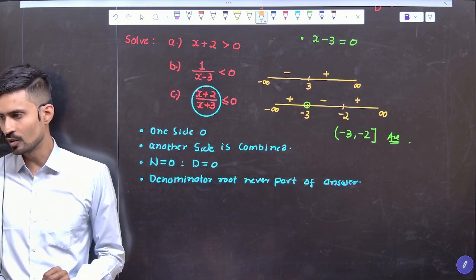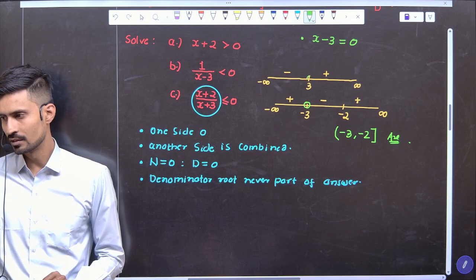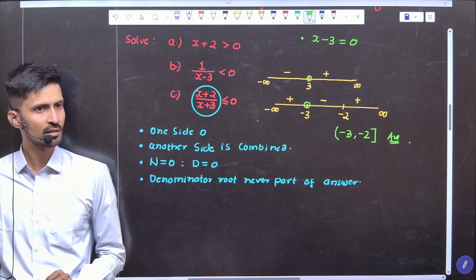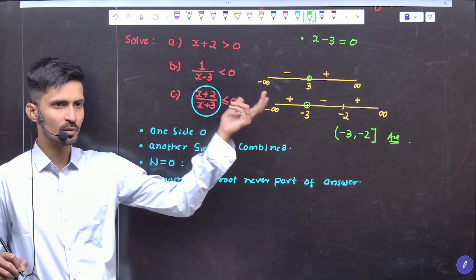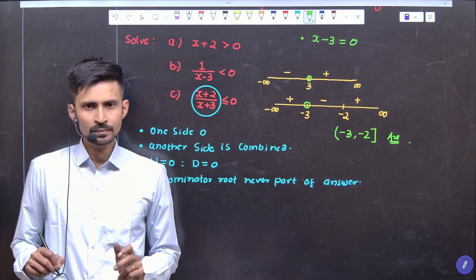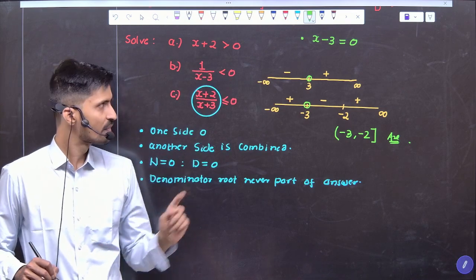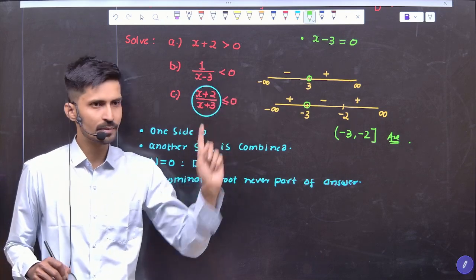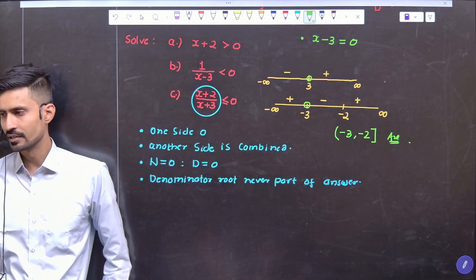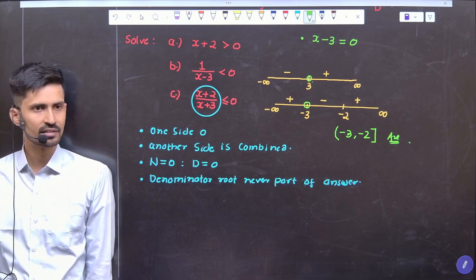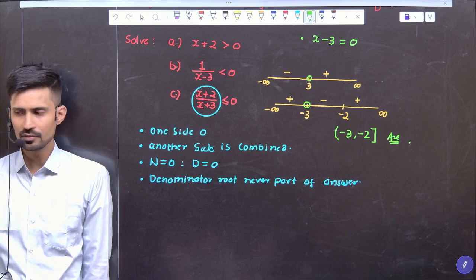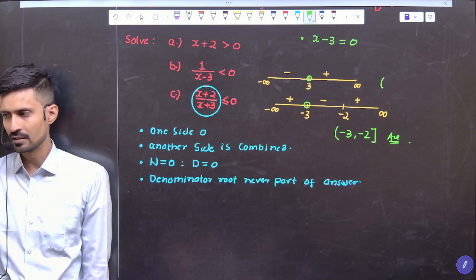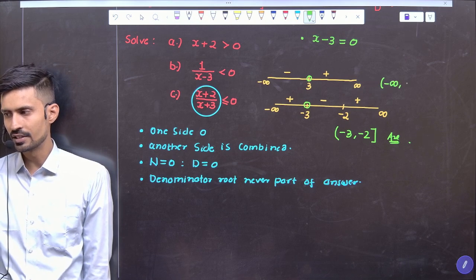I'll put 3 hollow circle. And now in the numerator no root is there, so no need to check. Okay. Now tell me, less than 0, what does it mean? Negative or positive? So where is negative here? Minus infinity to 3. So what will be answer? Minus infinity to 3 is the answer.